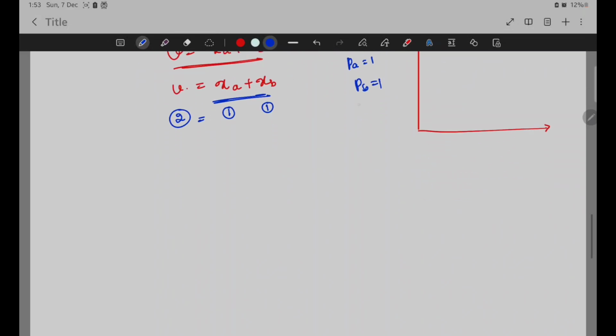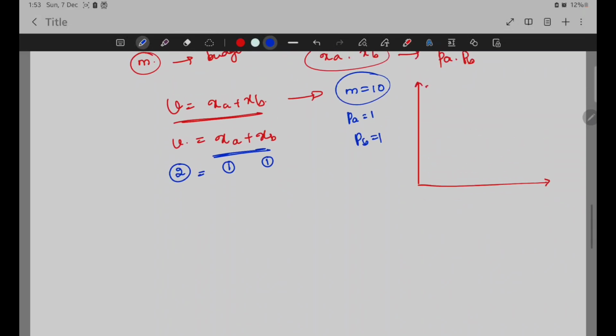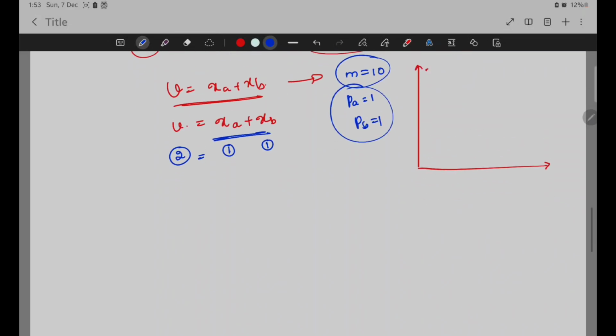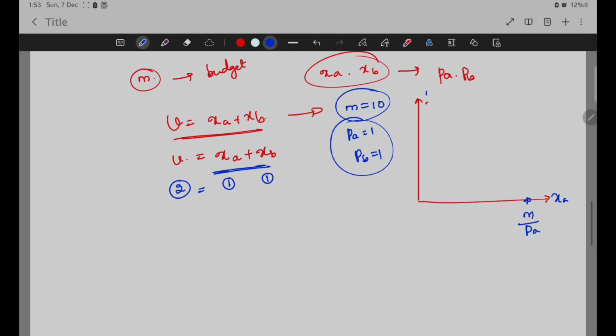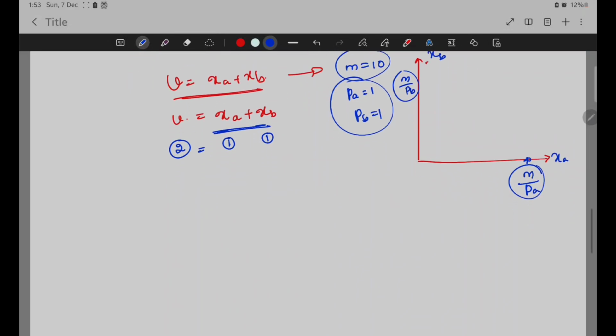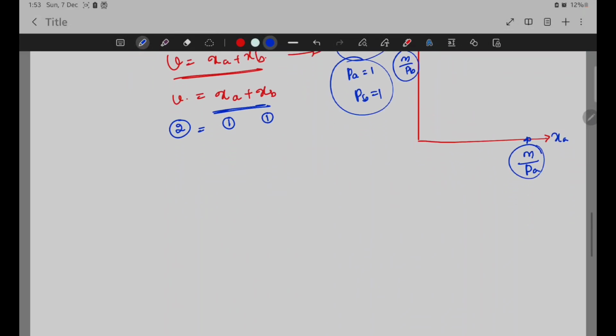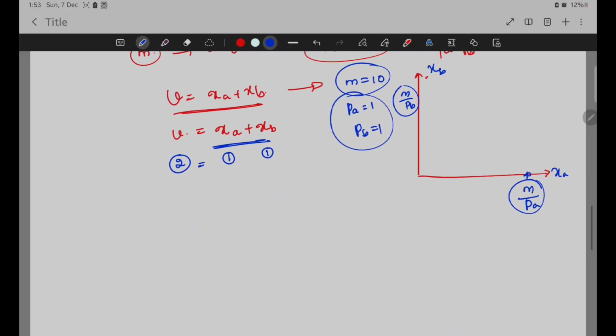So when we are talking about these two prices and the amount, how much you can consume, xa is m by pa, and xb is m by pb. These are the two things. Now talk about maximum apples. I can consume 10 divided by 1 equals 10.